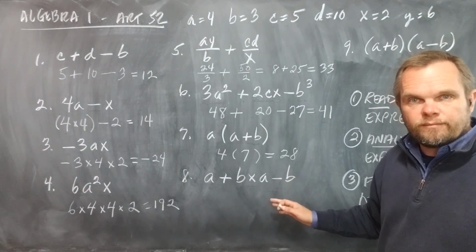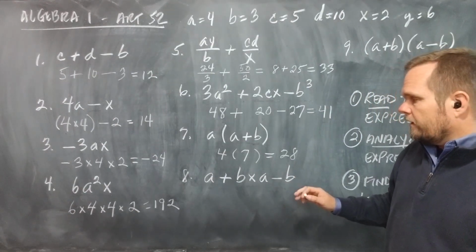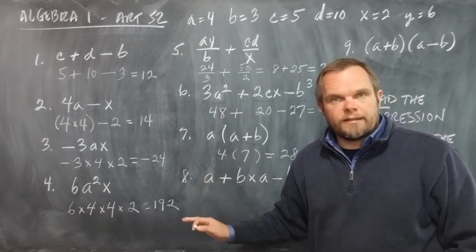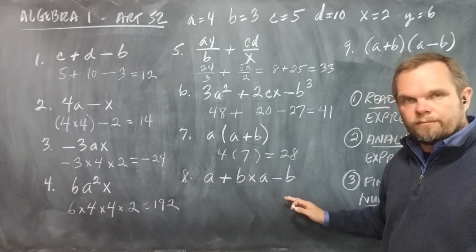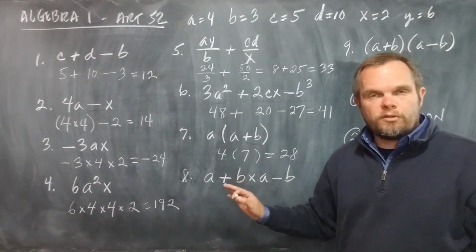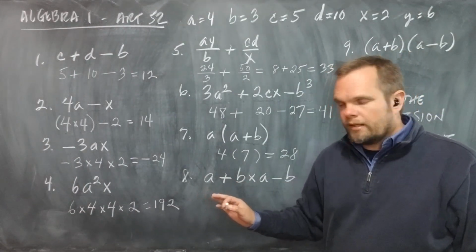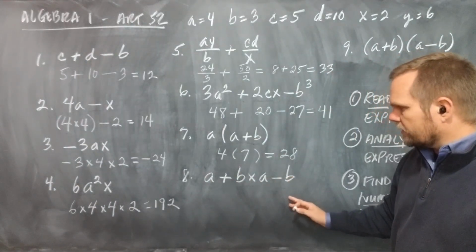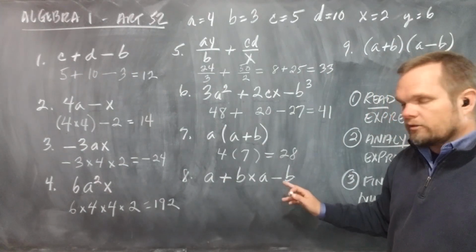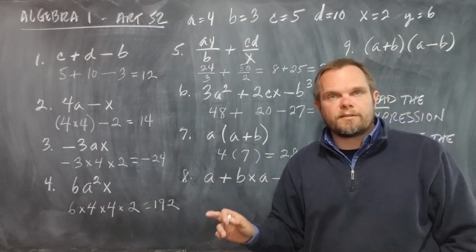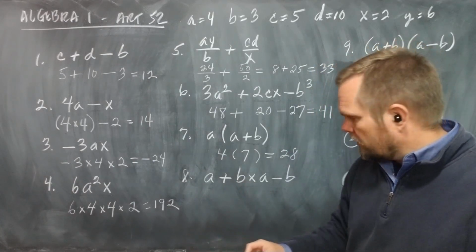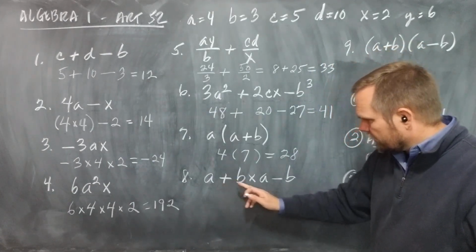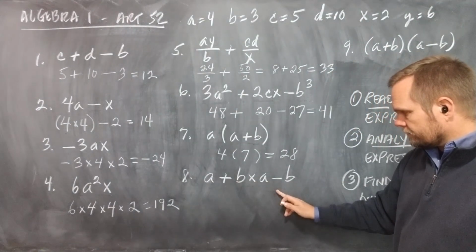If there's a student who tries to solve this exercise, number 8, and find the numerical value, and they haven't followed my advice to carefully learn what a term is, they will not be able to figure out how to find the numerical value of this expression because they won't know the order in which the different operations are to be done. Okay, now, if we first ask how many terms are in this expression, all of the confusion will go away. How many terms are in this expression? Terms are quantities separated by the plus and minus signs. We have a plus sign here and a minus sign here.